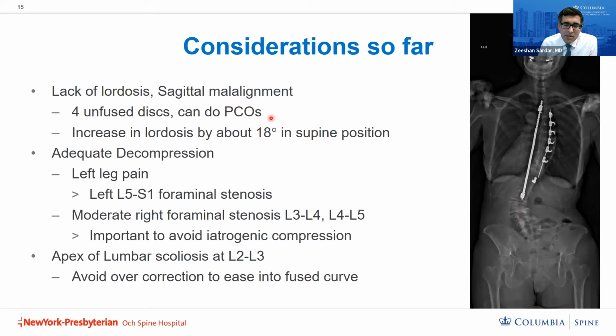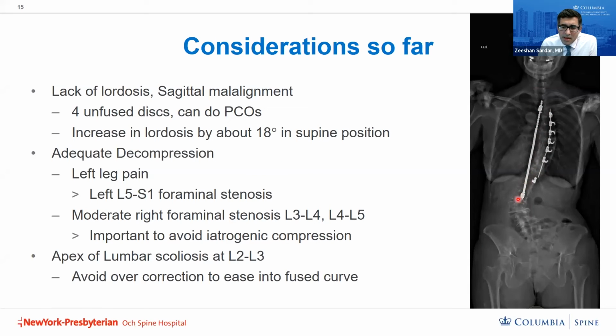So there's 18 degrees of extra lordosis I can get just by positioning her the right way. She does have different levels of stenosis, so I have to decompress that adequately. And then the apex of her lordosis is at L2, L3. If you look at the PA, she's slightly malaligned coronally, but not horrible. But she does have a bit of a remnant thoracic curve.